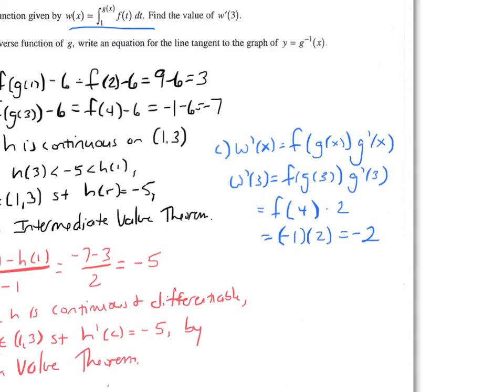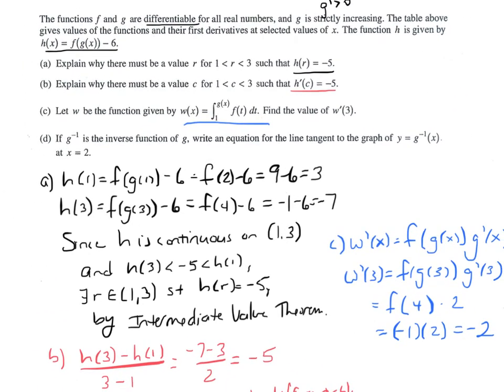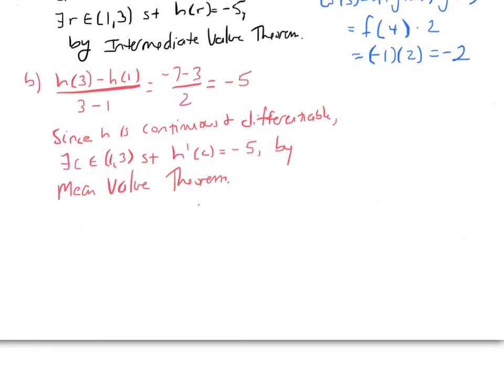Last part, we are looking at the inverse of g, and we need to write an equation for the line tangent to the inverse at x equals 2. So part D, we know that on our inverse, x is equal to 2.